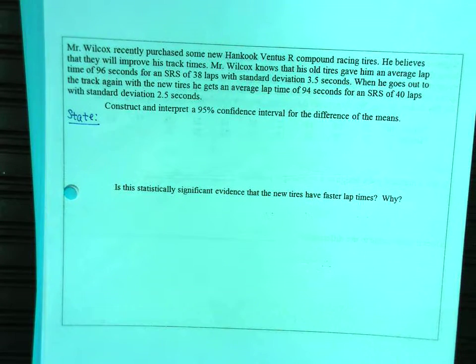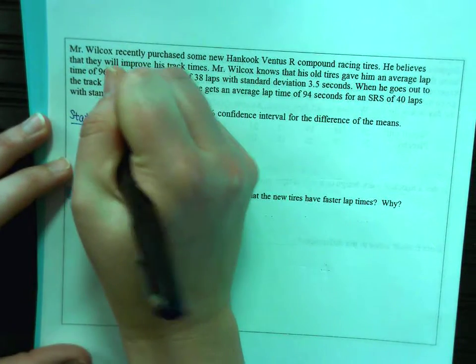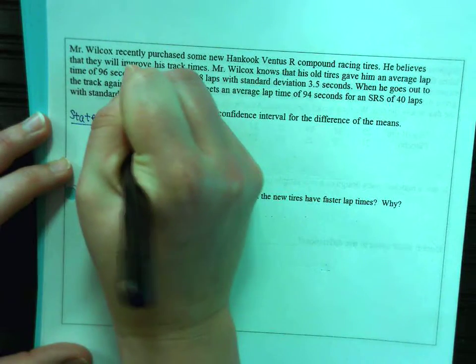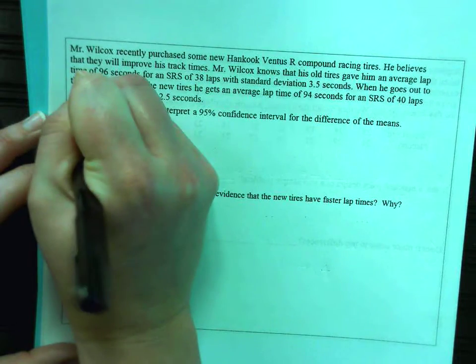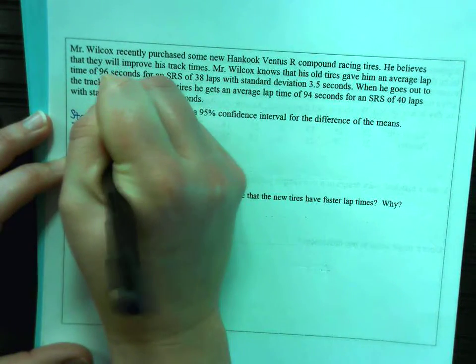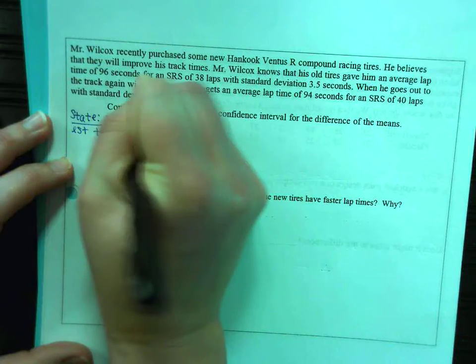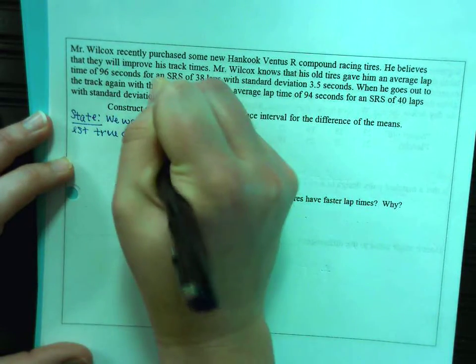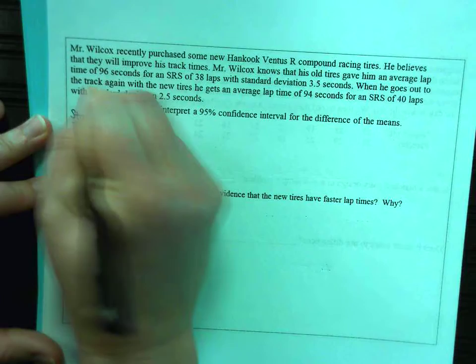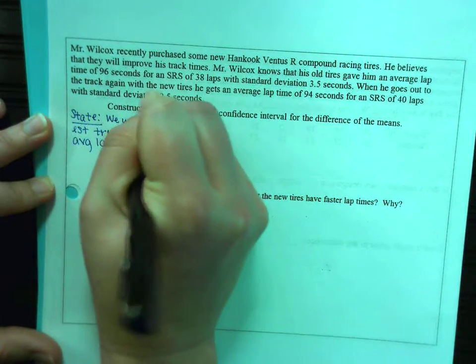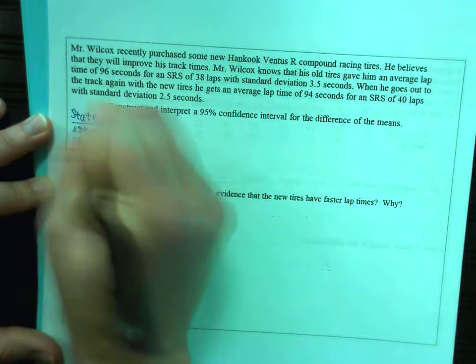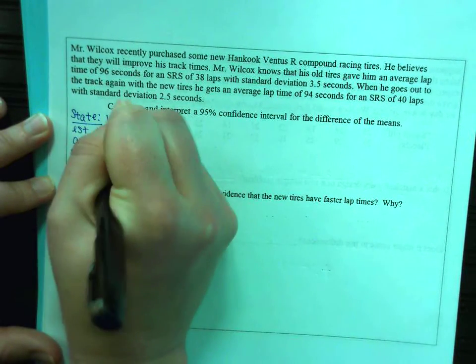We want to estimate the true difference of average lap time to a 95% confidence. If you have to say which one is mu1, mu1.